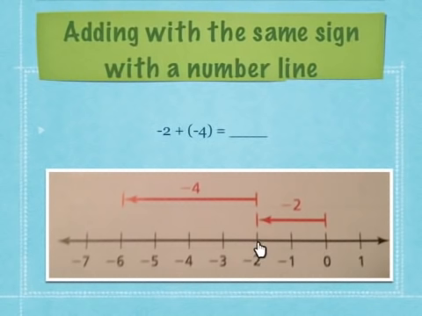My second number is also negative, so I will continue towards the negatives for 4 more places. And when I stop, I end at -6, which is my answer. It's important to remember that you may be asked to draw a number line to show how you found your answer. Using these arrows is how you show on a number line how many spaces you traveled each time.